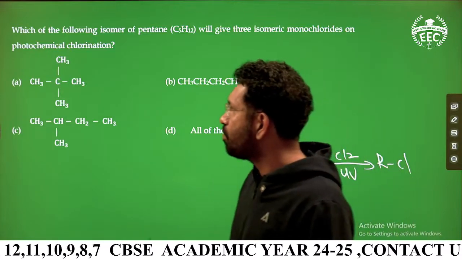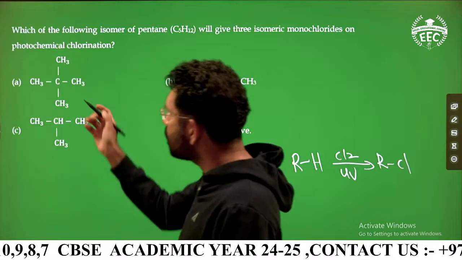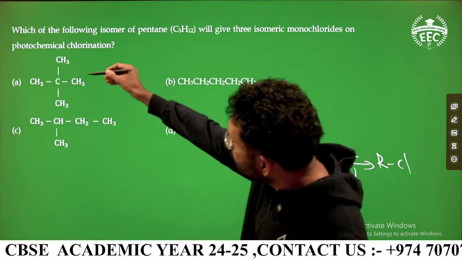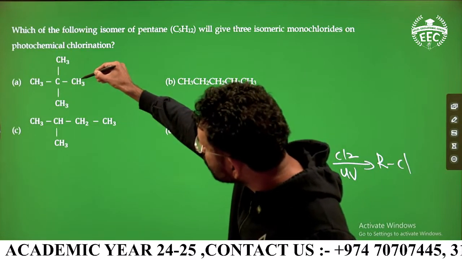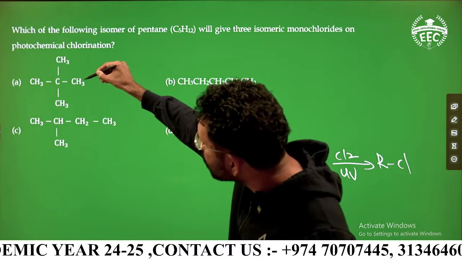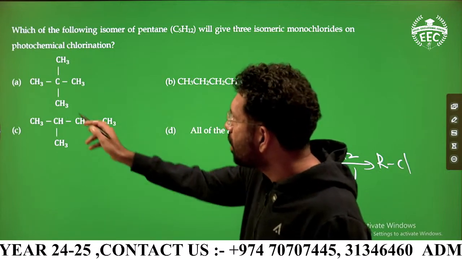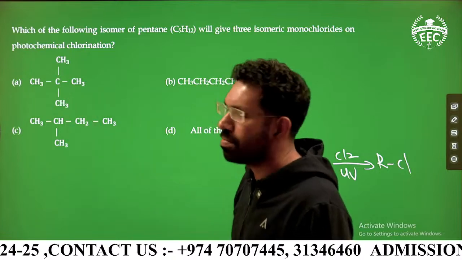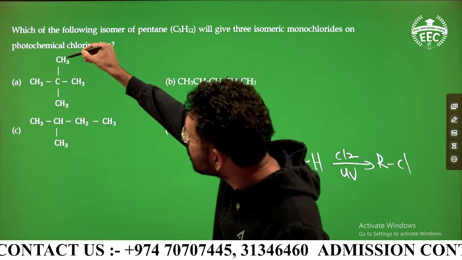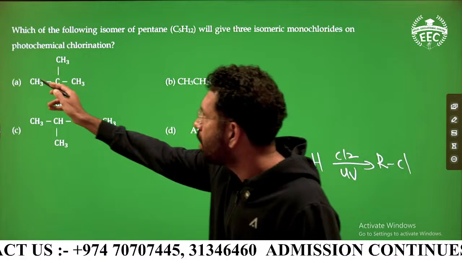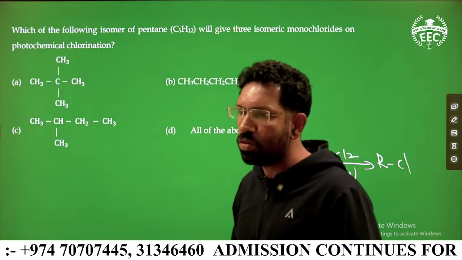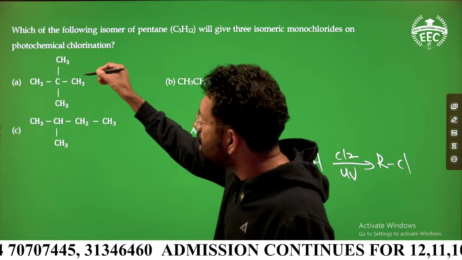Now in the first compound, we are replacing this hydrogen by chlorine, or this one, or this one, or this one. In all these cases, you will get a similar type of product.